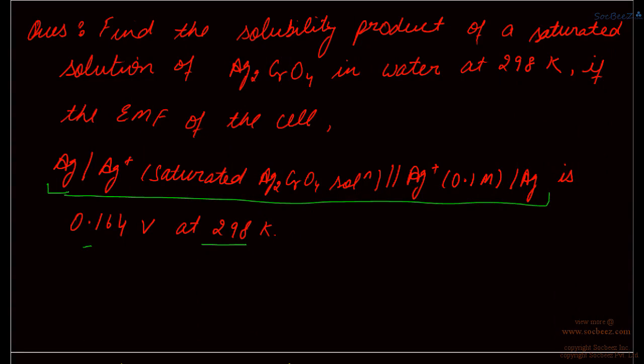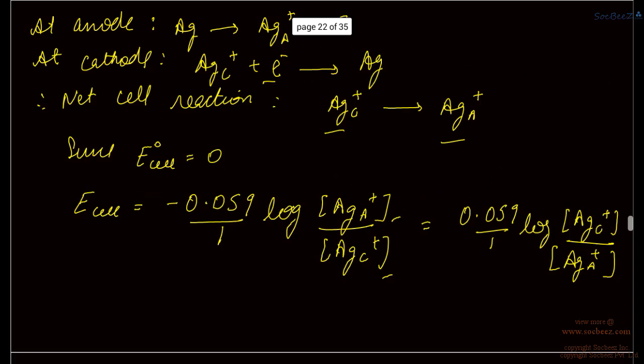Okay, now the anode compartment has a saturated solution of Ag2CrO4. It is supplying the Ag+ ion concentration. Now let the solubility of Ag2CrO4 be x moles per liter.